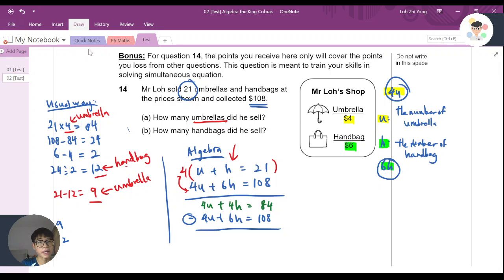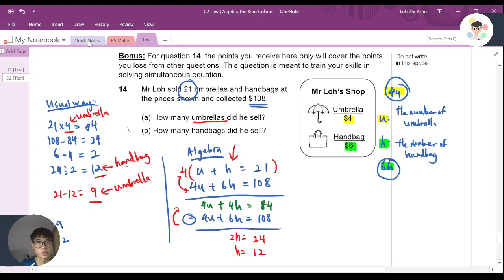I should minus from the bottom to up, because bottom is bigger than the up. So 4u minus 4u, nothing. 6h minus 4h is 2h. 108 minus 84 is 24. So h is equal to 12.